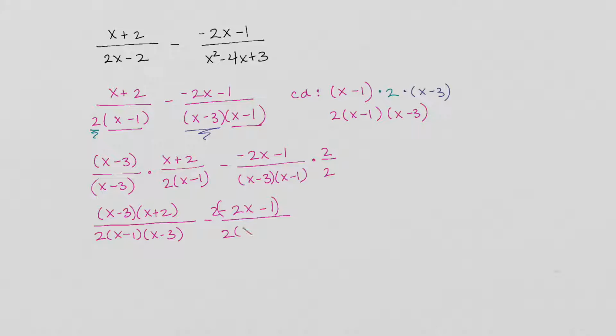Over 2, x minus 1, x minus 3. And now we can put the two fractions together over their common denominator. So this is x minus 3, x plus 2, minus 2 times negative 2x minus 1, over 2, x minus 1, x minus 3.